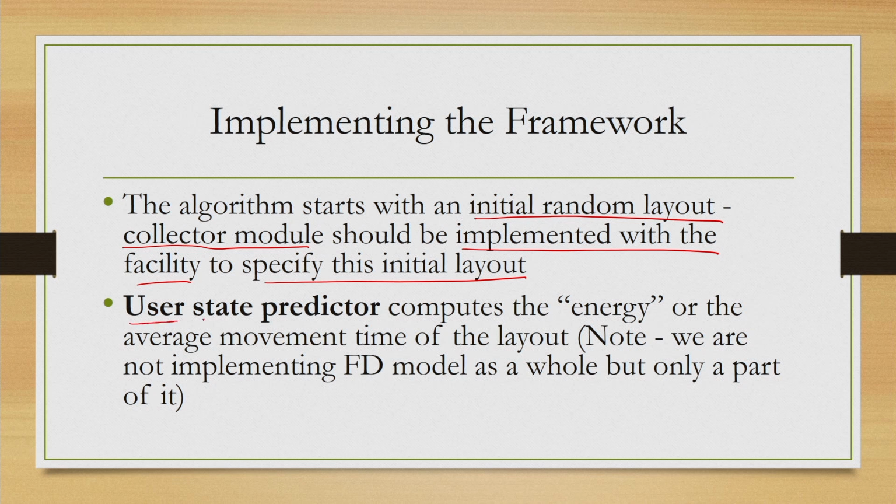Now, the user state predictor implements the energy computation. Here you should note that we are not implementing the full FD model as we did in the previous case, but only a part of it which computes only the average movement time. That part of the FD model is implemented in the user state predictor module.